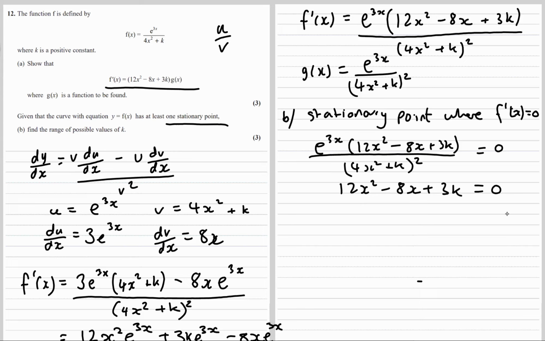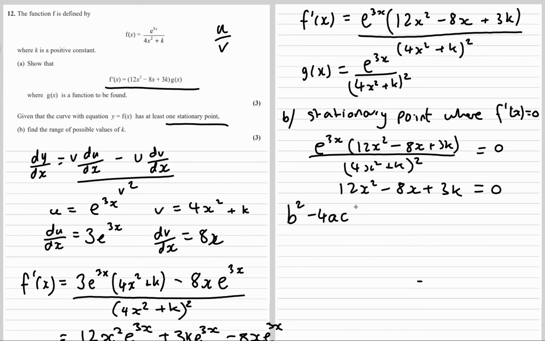And it's a quadratic. So we're told that it has at least one stationary point. So this quadratic must have at least one point where it's equal to 0. So it's either got one solution or two solutions. And that's the discriminant.